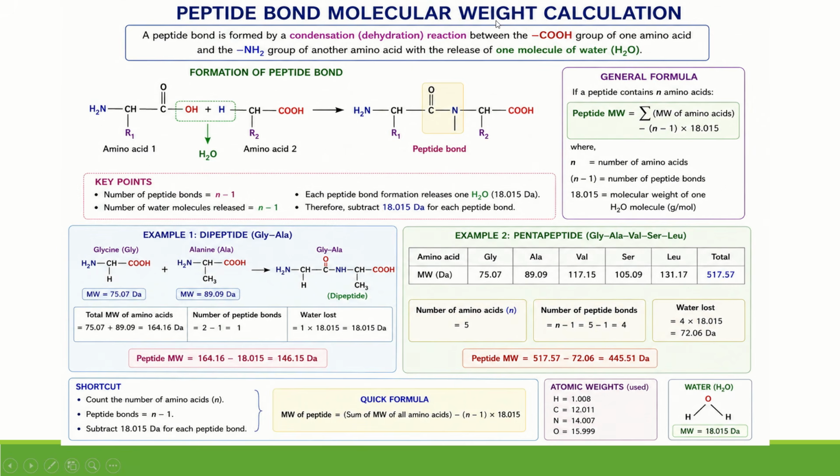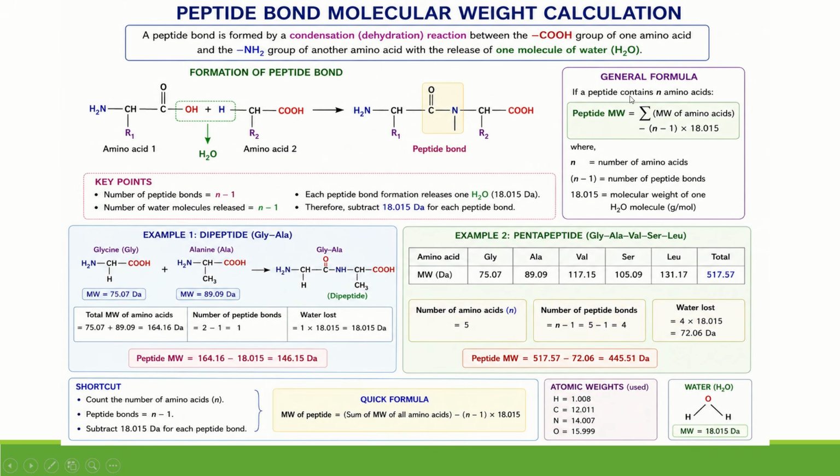Now, we will see molecular weight of a peptide. Peptide bond is formed by the condensation or dehydration reaction between COOH group of one amino acid and NH2 group of another amino acid with the release of one molecule of water. So, here first amino acid, second amino acid, they bind with each other and lose one water molecule, and then peptide bond formation takes place.